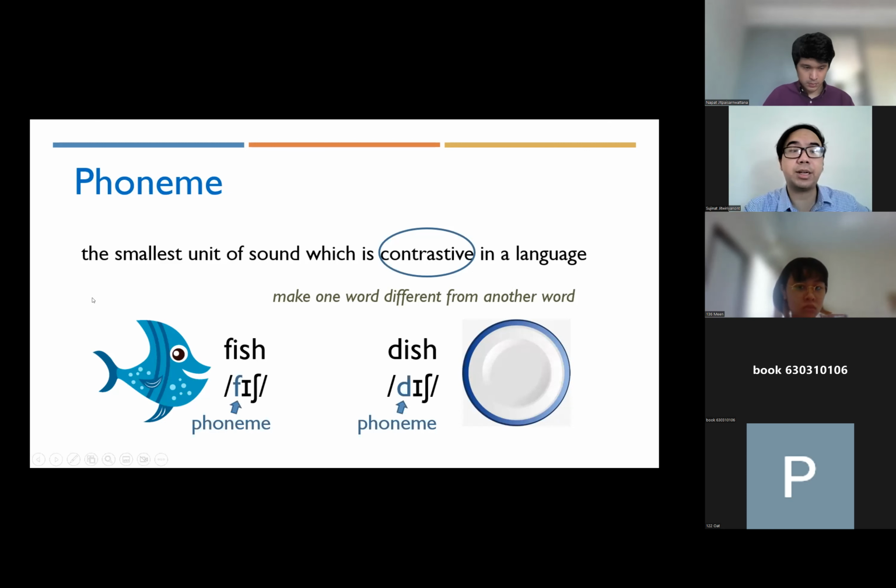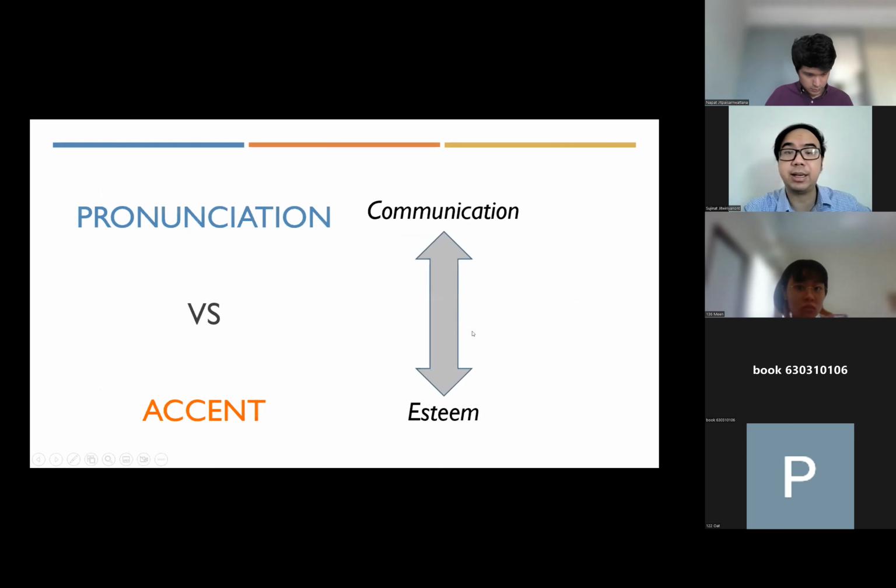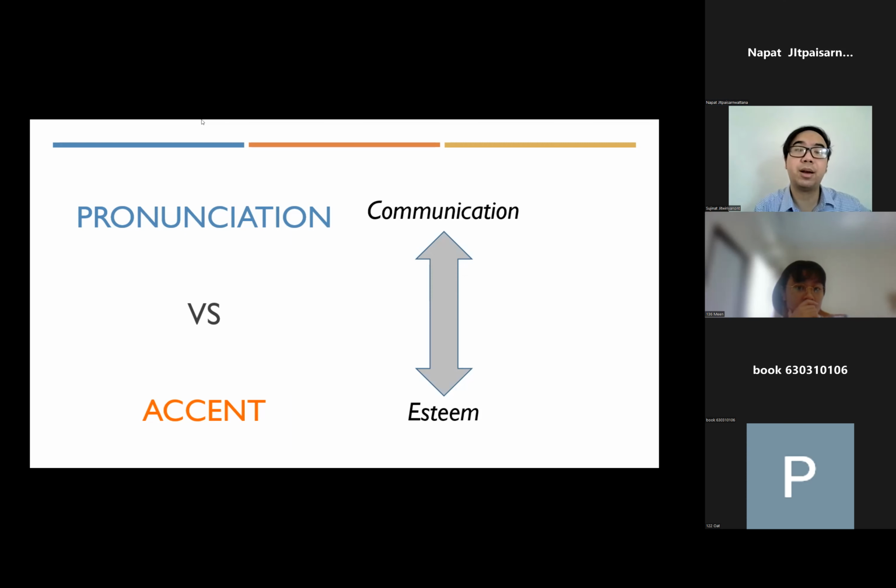So let's go back to pronunciation and accent. This is your goal: what is the achievement that you want to focus on? Communication or esteem? If you want to just communicate, and make it easy for your listener to understand, the focus would be only on pronunciation. But we know that some varieties of English, some accents of English, are prestigious.